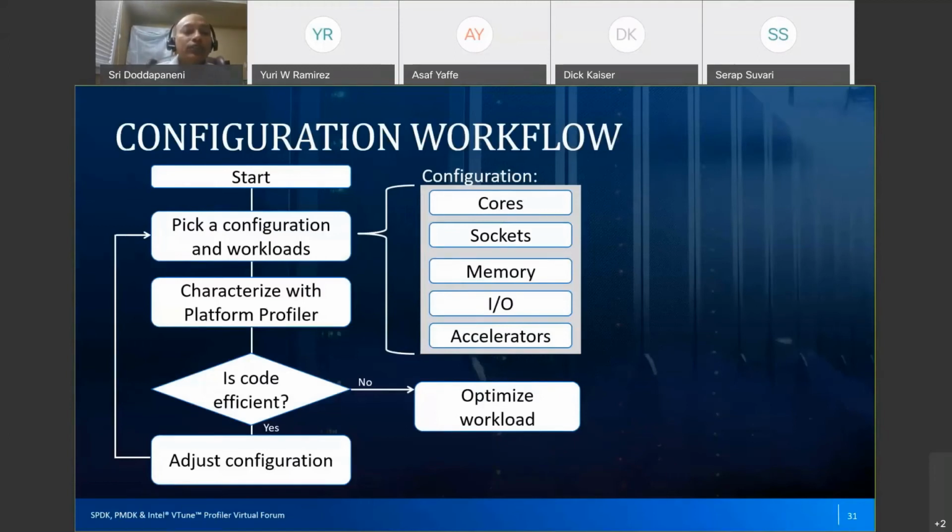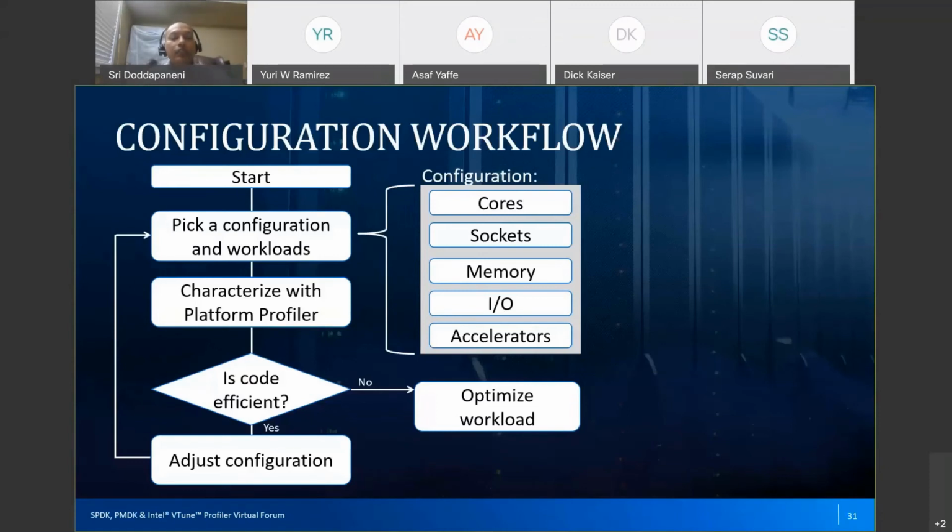Then you are also picking, maybe as your first guess, what is the ideal hardware configuration. And then you essentially want to characterize using the platform profiler capability within Vtune. And I'll show you next, maybe just one quick screenshot in terms of what you're able to do.